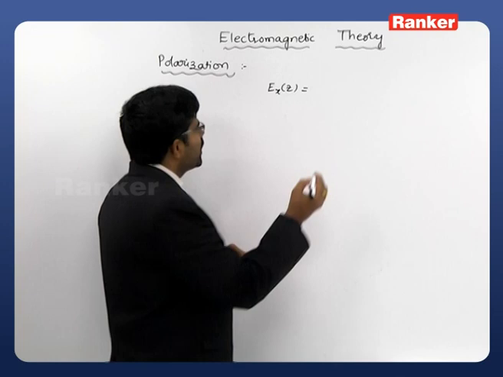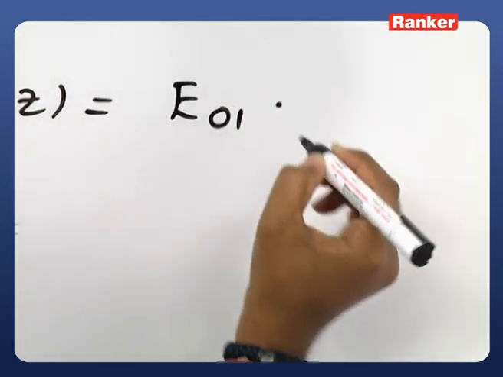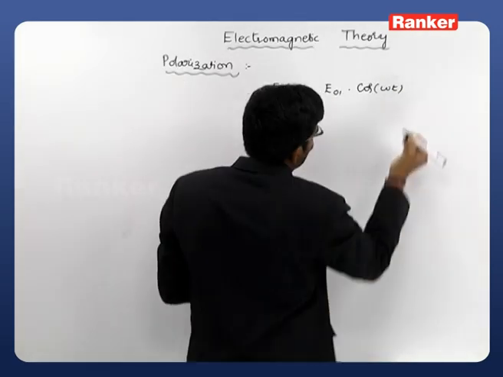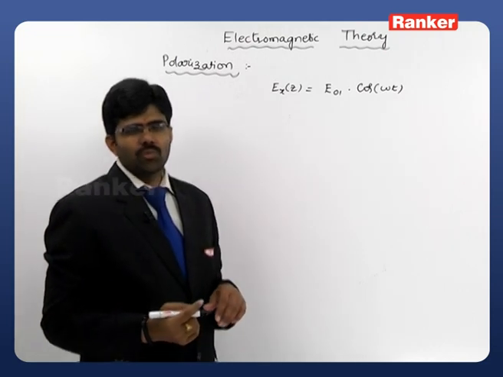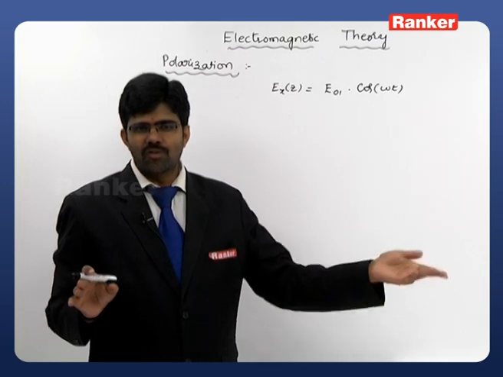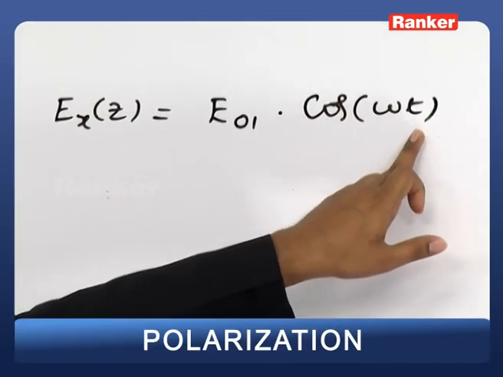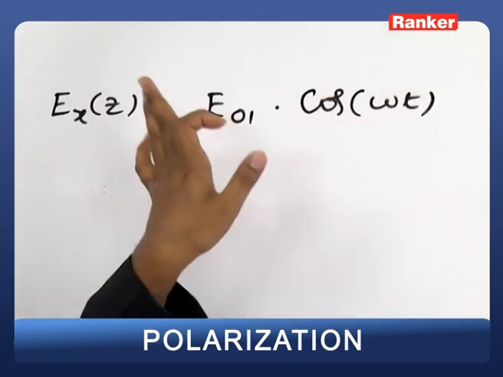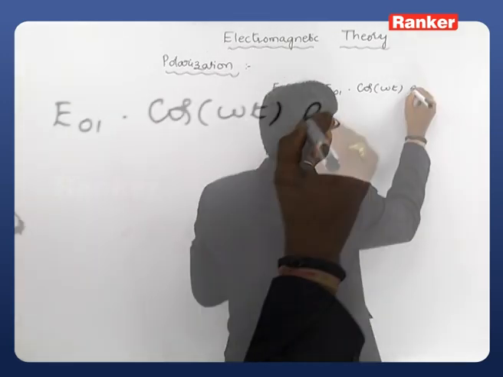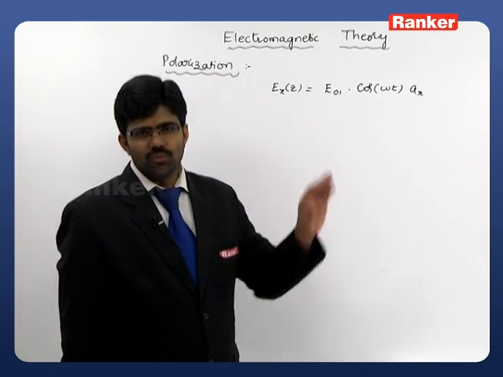So Ex of z equals some amplitude E01, with the general equation cos omega t. For convenience, I am suppressing the remaining terms of the general wave equation. I just consider E01 cos omega t, since the wave is a function of time. Since it is in the x direction, we take the unit vector x along with the wave equation.